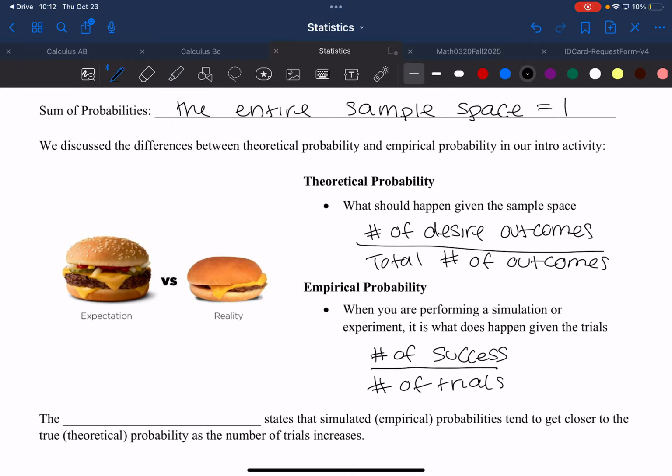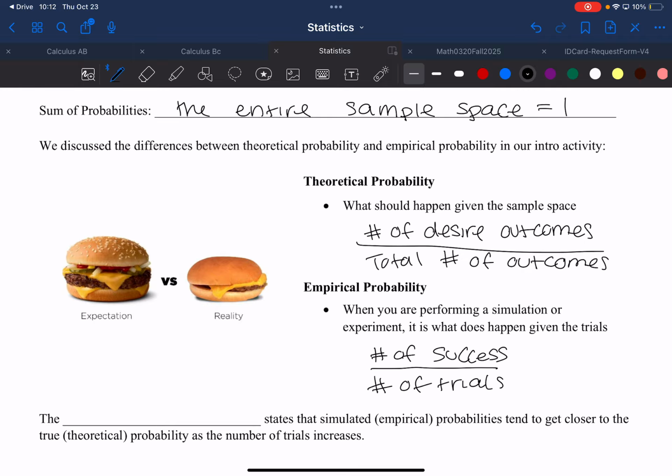Okay, theoretical probability is what happens when you have the perfect environment, the perfect experiment, nothing's going to go wrong. Empirical probability is when you actually do the experiment, and in the experiment we have variables that we cannot always control.